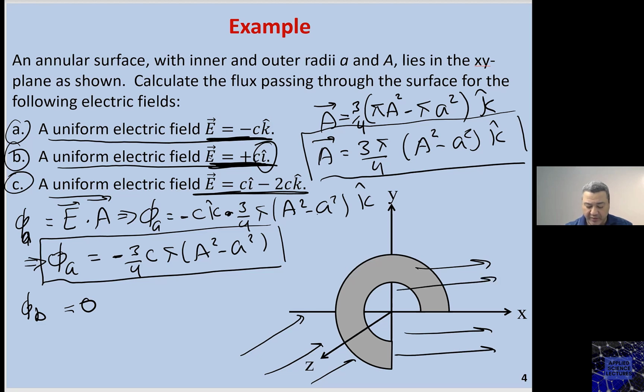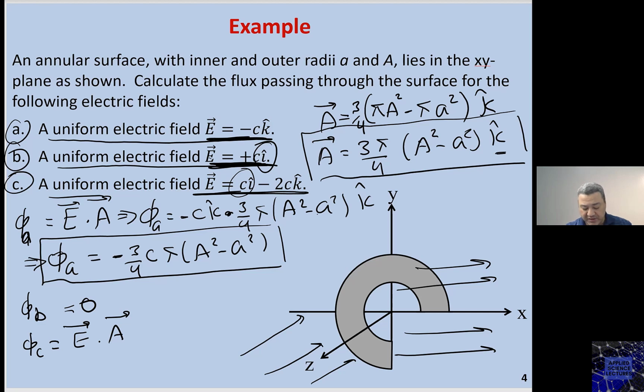Now the last one has two components, one on the x and one on the z. If I take the dot product between E and my area vector, notice that this one is going to contribute 0 because I hat dot k hat will give me 0.